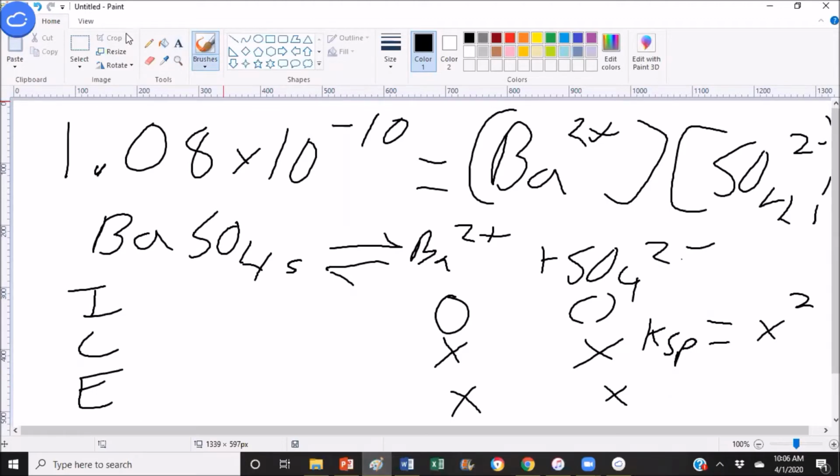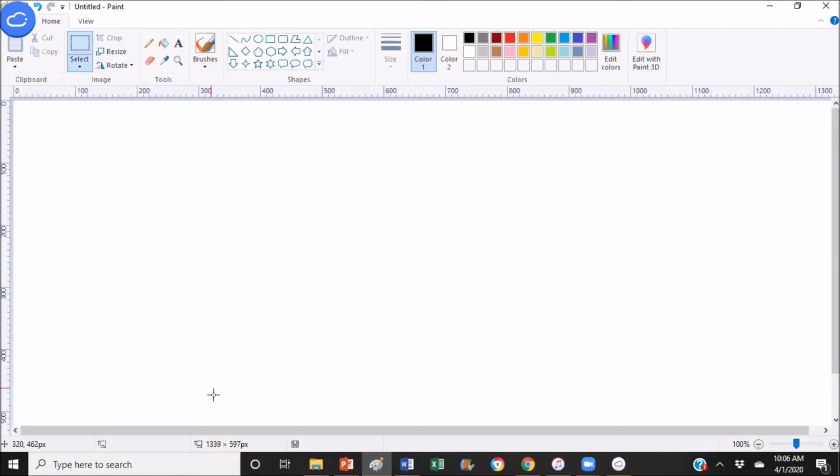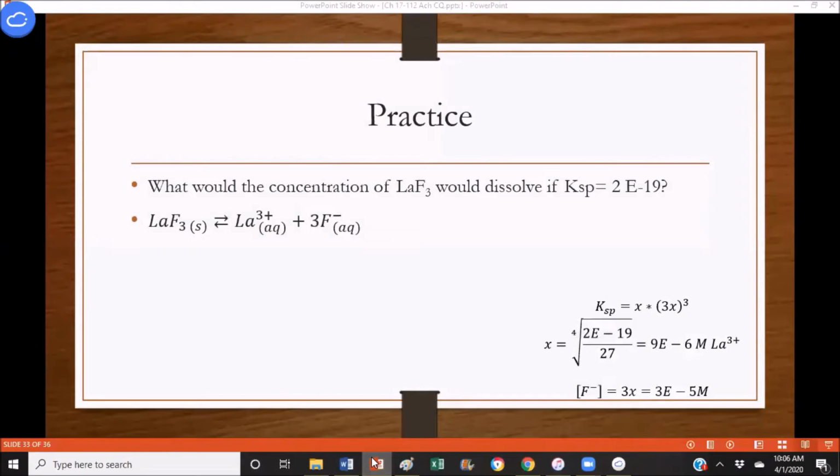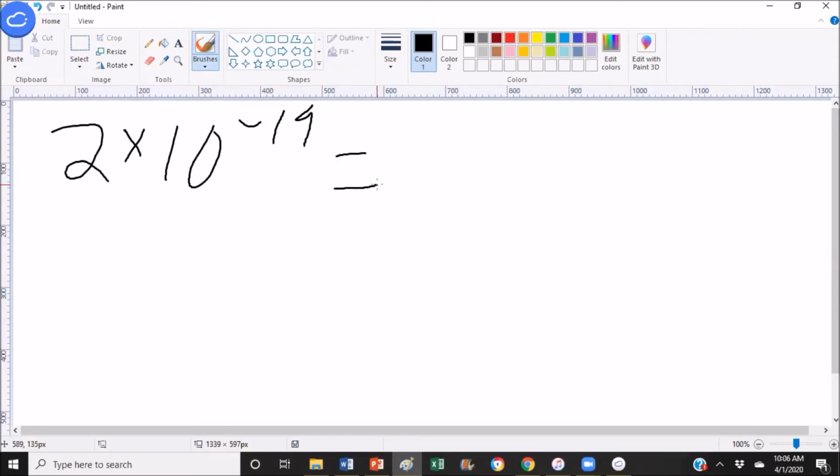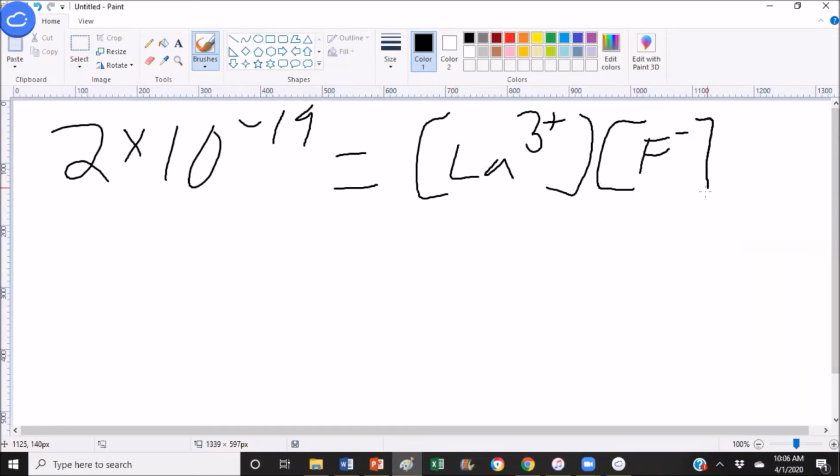So just looking at this same situation, Ksp is about 2 times 10 to the negative 19th. The Ksp expression is going to be lanthanum 3 plus times fluoride 1 minus, but raised to the exponent.